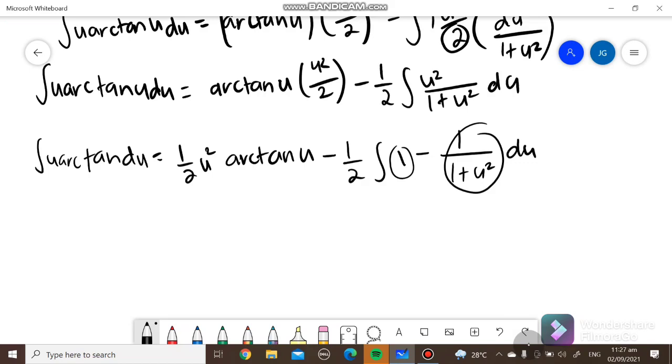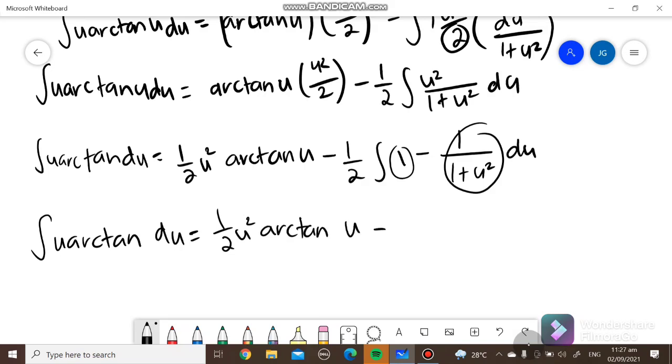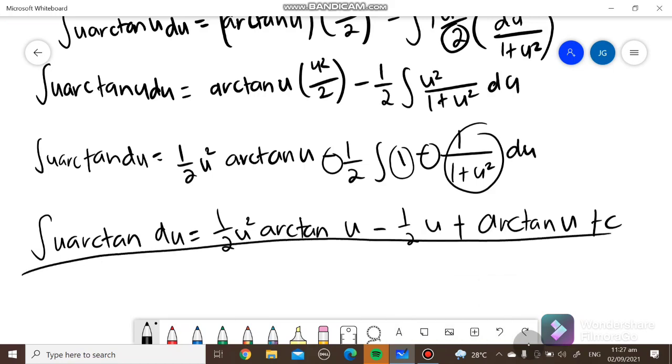So, we will have the answer: the integral of u arctan u du is equal to 1/2 u squared arctan u minus 1/2 u minus, or magiging plus na kasi negative, plus arctangent of u plus c. So, this will be our final answer.